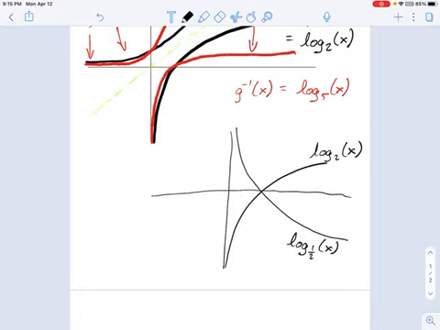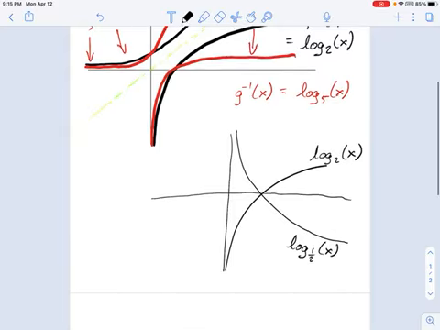Funny things happen when you do vertical reflections on logarithms. We're used to a vertical reflection just being a negative sign, but here it changes the 2 to a 1/2. And likewise, if it were log base 5 of x, it would change it to log base 1/5 of x.